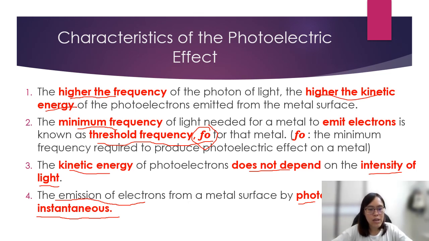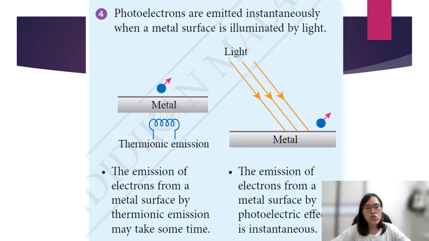Okay, so next slide. This is the difference between thermionic emission and photoelectric effect. Thermionic emission must reach a certain heat, because heat is a temperature increase, and heat takes some time to warm up. So thermionic emission will take some time for the process to occur.